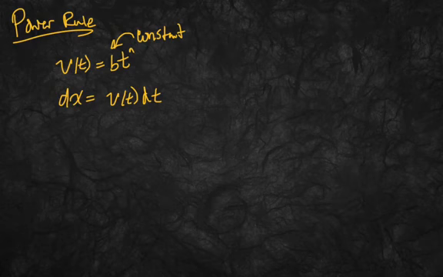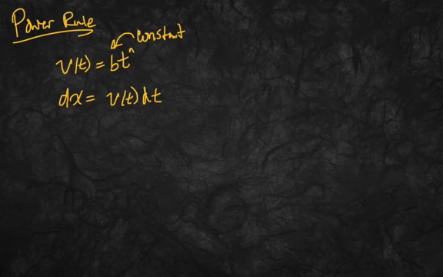I'm using b because a can be confusing, since it might be acceleration. Here b is some constant, and we're going to raise that t to the nth power, so this is bt to the n.